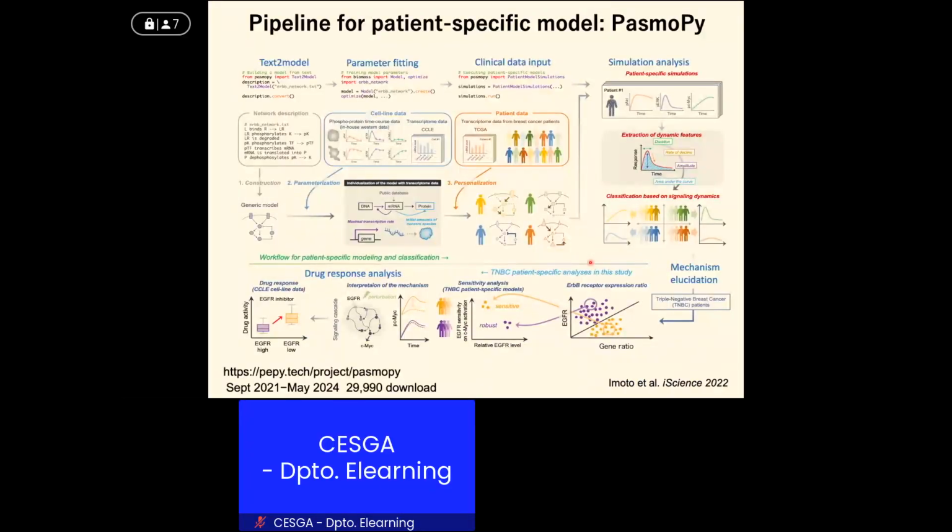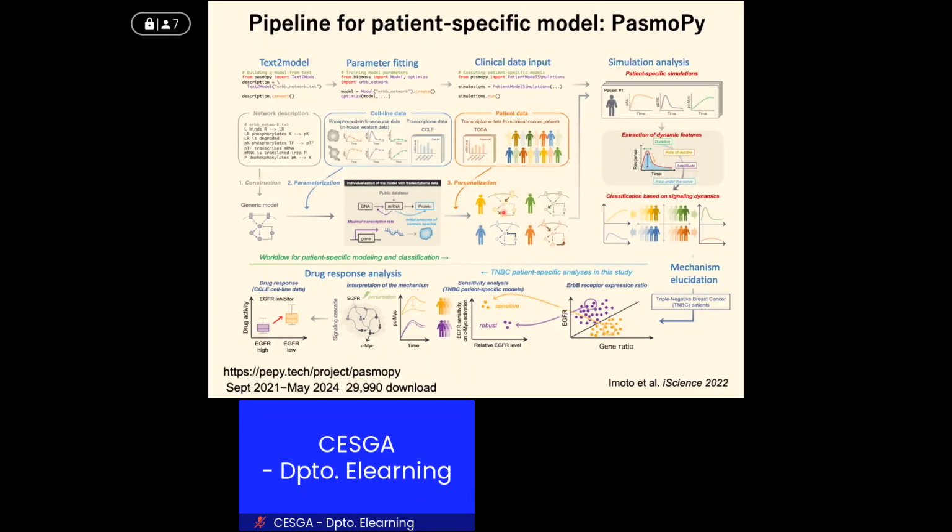Now I change the subject. Now I explain the patient-specific model, in which we train the model using cell line data and add the patient data as the initial value to make that patient-specific model.